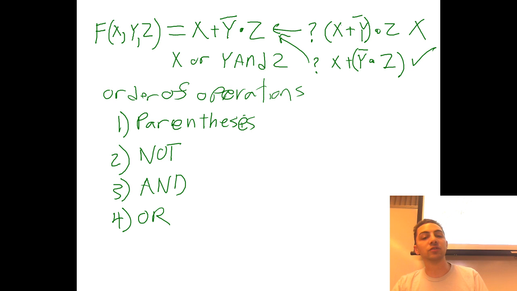But that lets us use all three functions. So that'll be not y. And again, not happens before and. So you'll do not y, then the result of not y anded with z, and then the result of that and operation ORed with x. So there is my algebraic representation of this function.